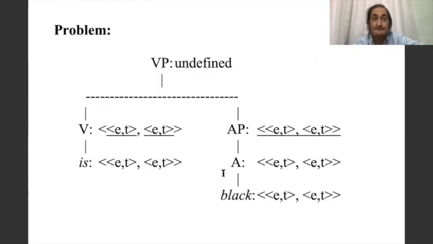Okay, so we did that, but we did it at a cost. We decided to try a new translation for the word black. But that new translation for the word black is going to cause us problems itself if we try to use it everywhere.